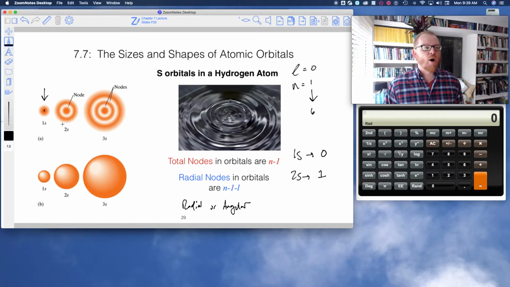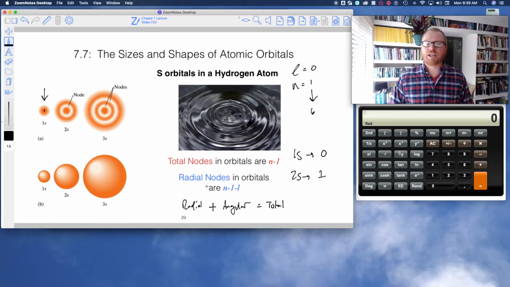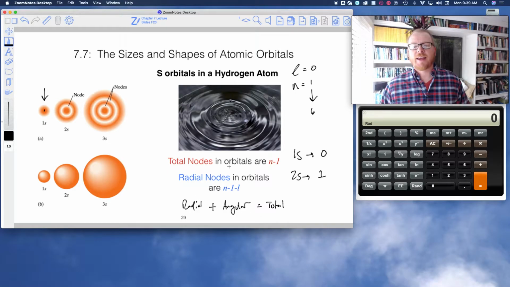Okay. And they both have to add up, so I'll erase that once again. So I'll say radial nodes and angular nodes, and radial plus angular equals the total. So you can see I've got an equation for the radial nodes right there, n minus 1 minus L. Okay, so here this is total right here. And then now we can calculate the radial nodes.